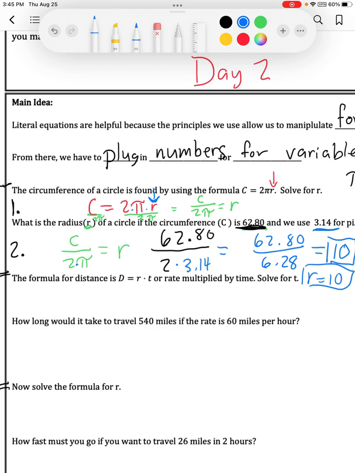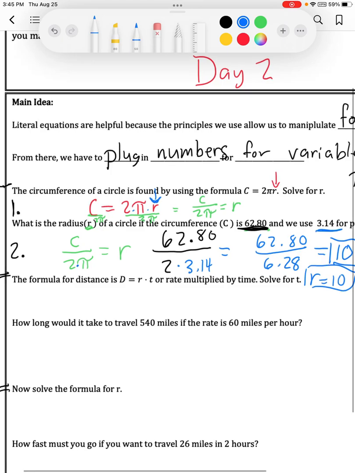All right, we'll go ahead and try our next set. The formula for distance is d is equal to rt, or rate multiplied by time. So in this case, r stands for rate, and t stands for time. D stands for distance.